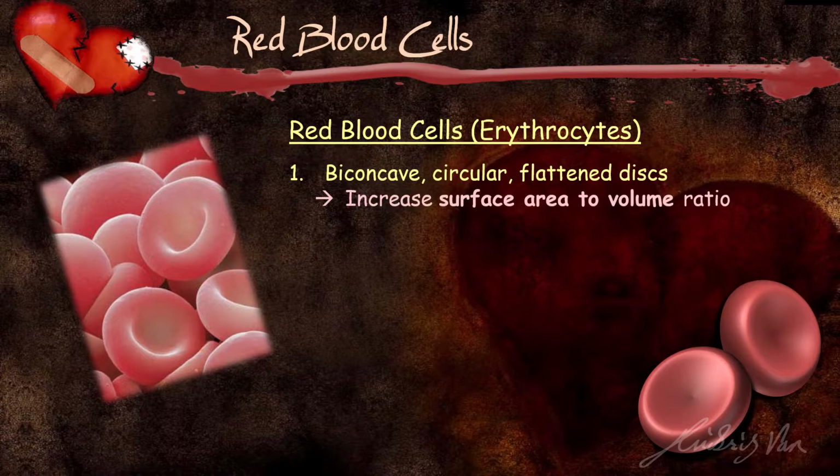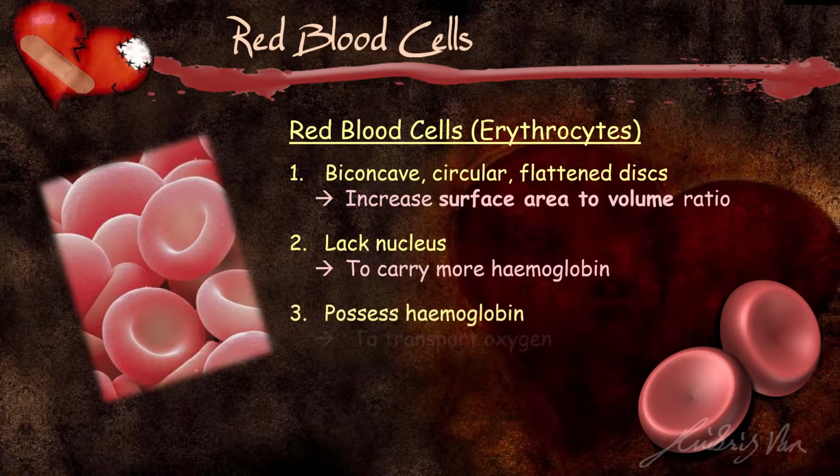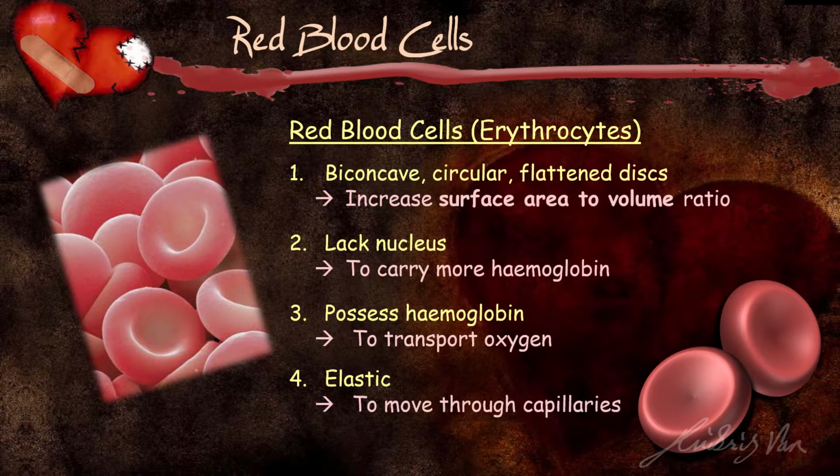And its features, let us just recap, is biconcave. This will increase the surface area to volume ratio. It also lacks a nucleus, which allows it to carry more hemoglobin. It possesses hemoglobin, which oxygen has a high affinity for. And lastly, it is elastic to allow them to squeeze through the blood capillary.